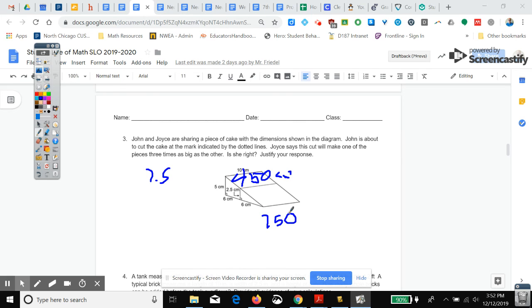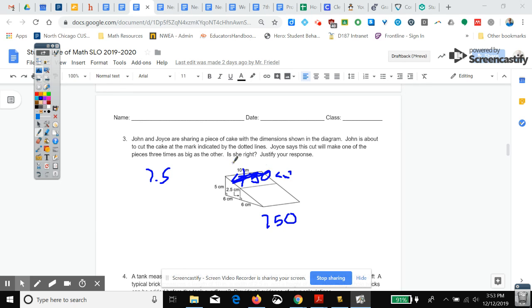And so is 450 3 times as big as 750? 450 times 3 is bigger than 750. It should be the same. Maybe I did that wrong. So 7.5 times 6 divided by 2 is 22.5, times 10 is 225.